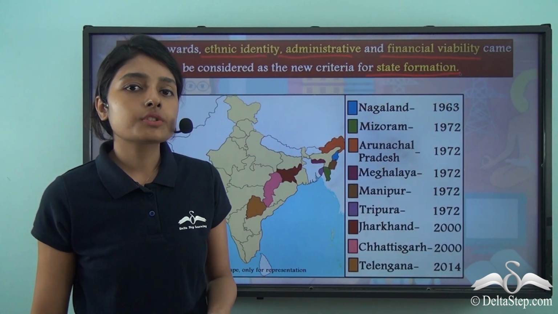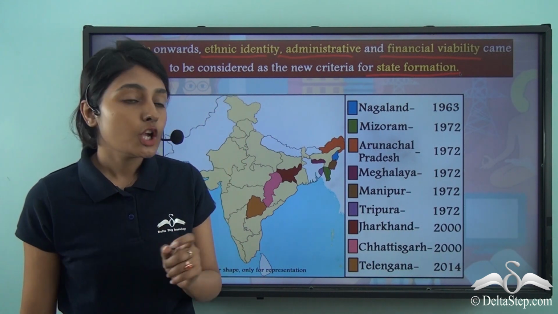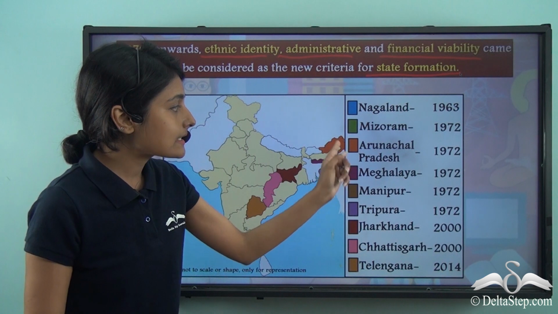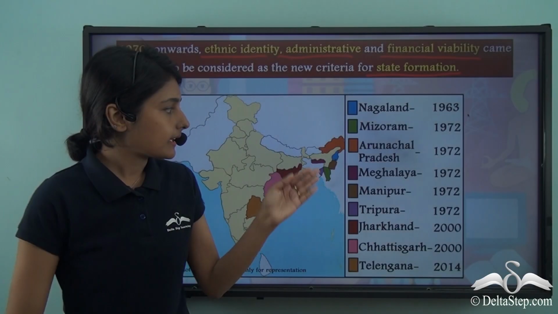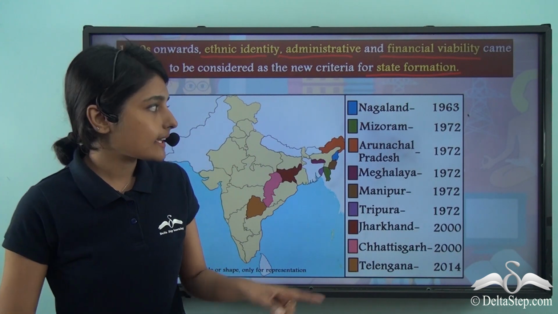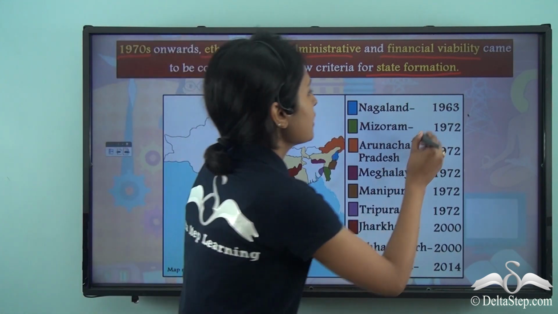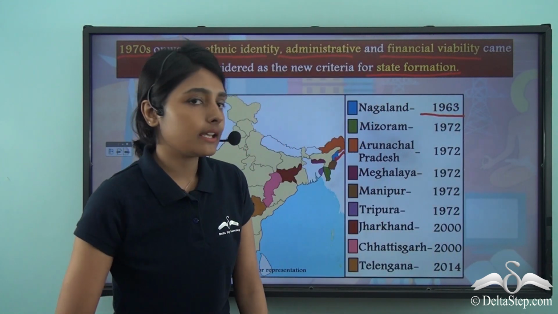When we talk about the formation of states based on ethnic identity, we need to take into account these states in the northeastern part of the country. The Nagas wanted to have their own state, and to this end Nagaland was formed in 1963, and this is Nagaland.